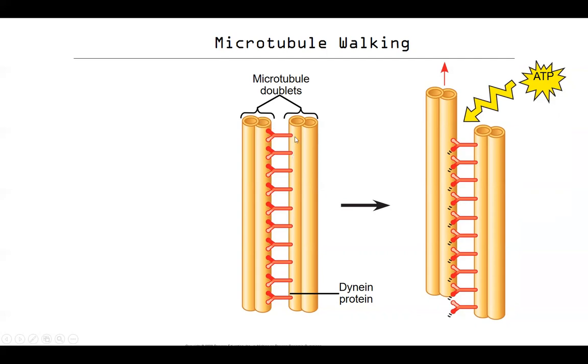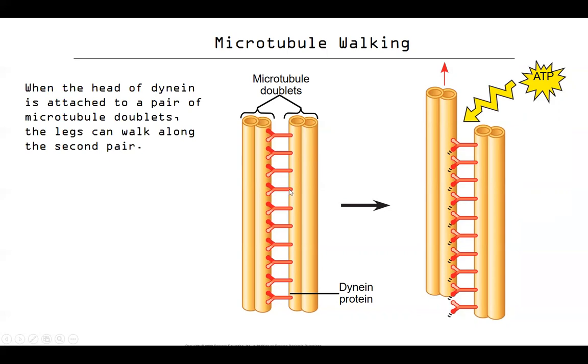It's attached pretty strongly to this top pair of microtubule doublets, whereas the feet can walk along. If we don't attach these microtubule doublets to anything, these guys can literally just walk off the edge of the second doublet, like Lemming style.